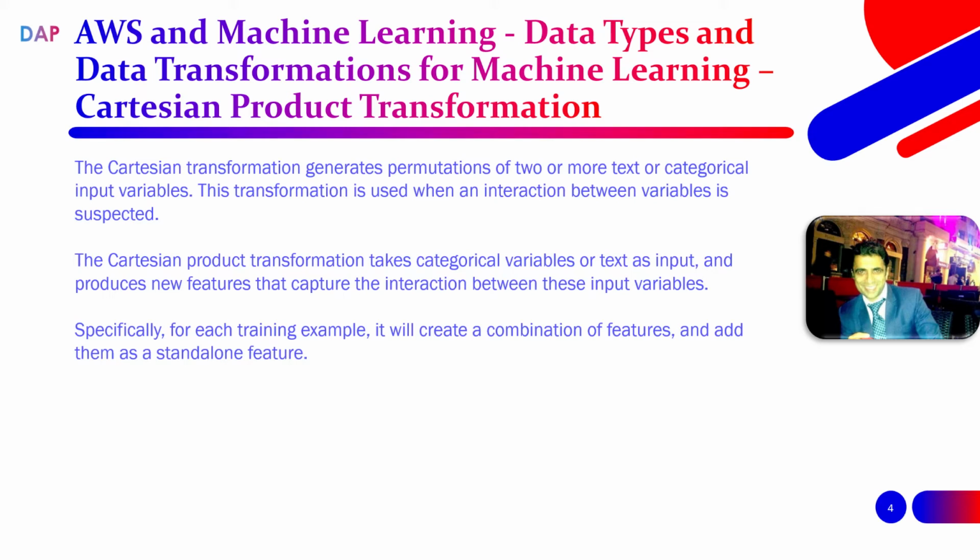Just remember it: the Cartesian product transformation takes categorical variables or text as input and produces new features that capture the interaction between these input variables. Specifically, for each training example, it will create a combination of features and add them as a stand-alone feature.